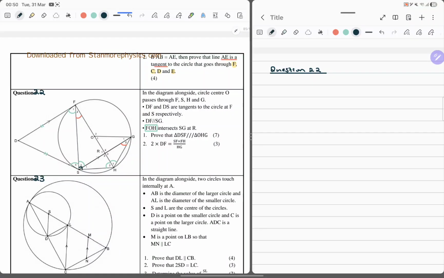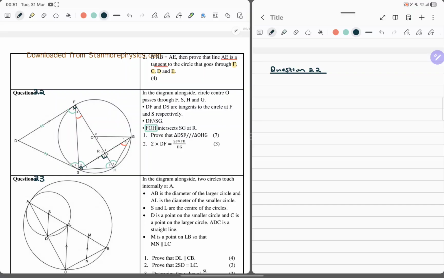Right, it's an angle in the semicircle. Okay, that's nice. And also, a tangent is always perpendicular to radius. That's 90 degrees. So that angle is also 90 degrees. Now with parallel lines, we know that this angle is also going to be 90 degrees, corresponding angles. Or you can say co-interior angles are supplementary, therefore R1 is 90.